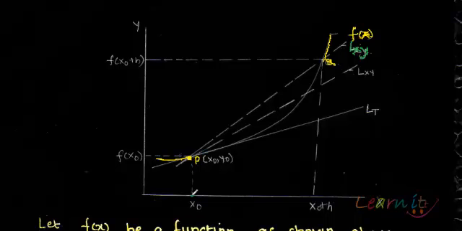So this point P is x0, comma y0. So x0 and f(x0), which equals y0.